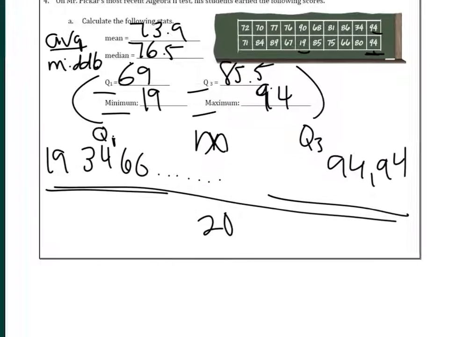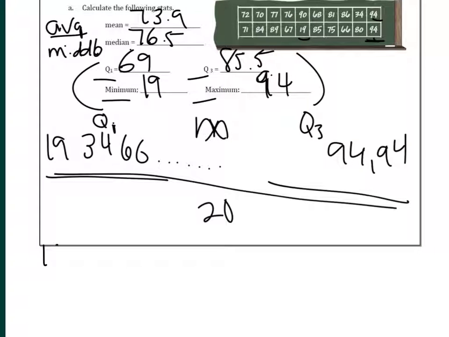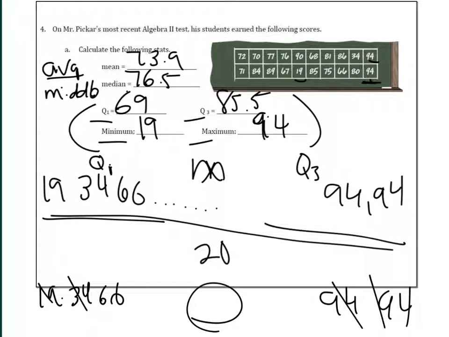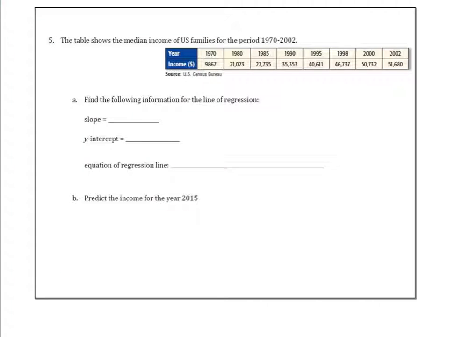All right, median means line them all up, all 20 of them. I think there's a 66 and all the way through 94 and 94. And start canceling them out from either end until you get to the middle, or take the average of the middle. So that's going to be how I figure that out. And if you can line them all up and cancel them all out and add the middle, that's fine. Otherwise, I can show you how to let the calculator do a lot of the legwork.